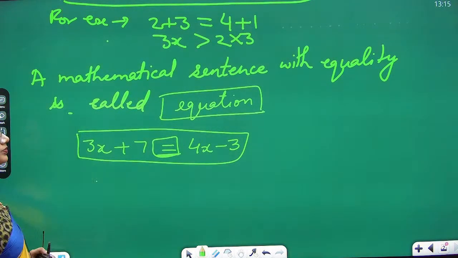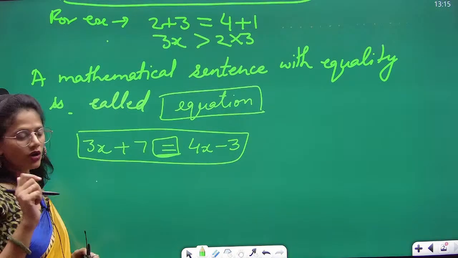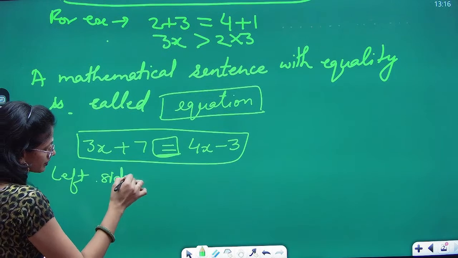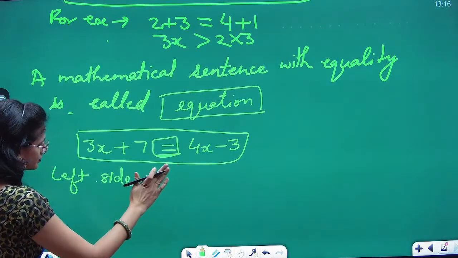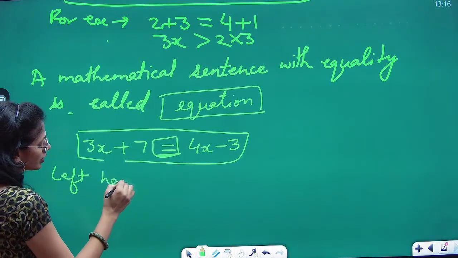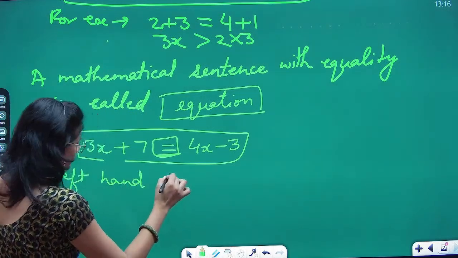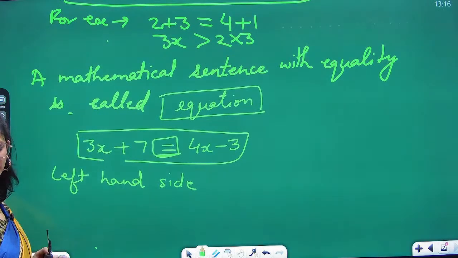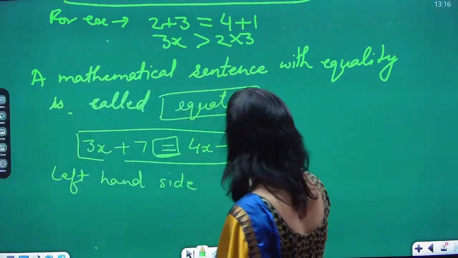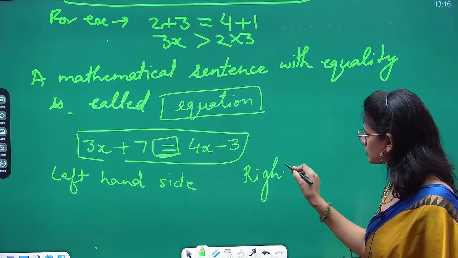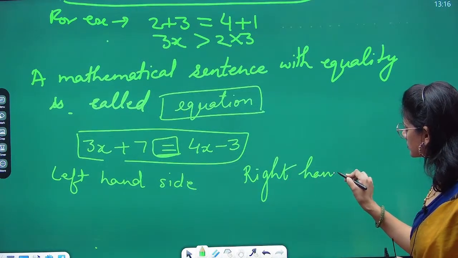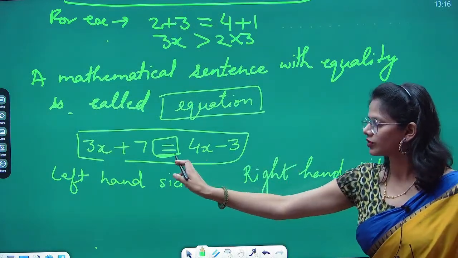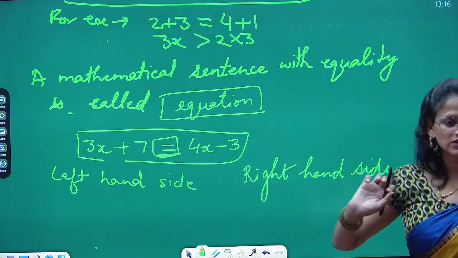In an equation, we have two parts. One is your left hand side, which is on the left side of the equality. Another is your right hand side, which is on the right side of the equality or the equal sign.